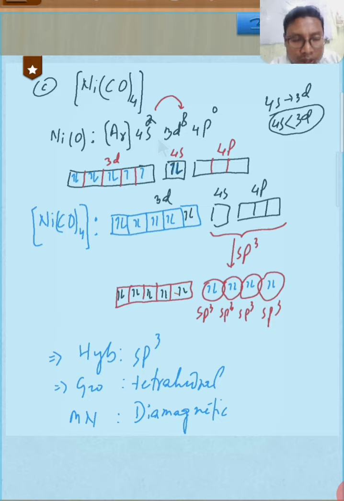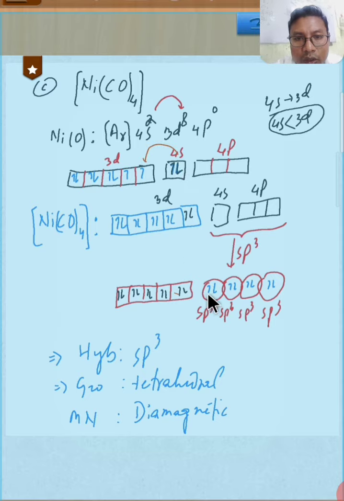Which one has higher energy, 4s or 3d? 3d. Since carbon monoxide is a strong ligand, these 2 electrons will be getting paired up, and 1 d orbital will be vacant. But the 2 electrons from 4s will be shifted to this.